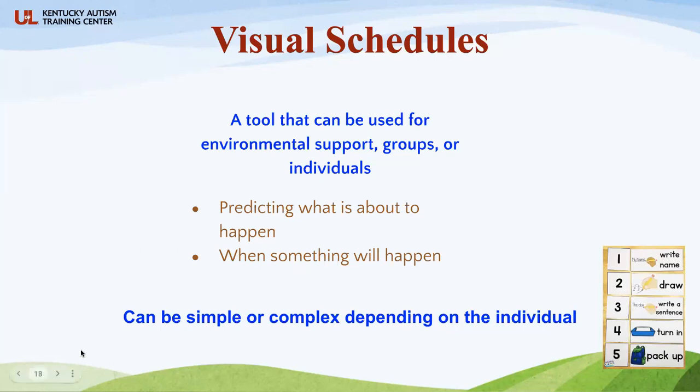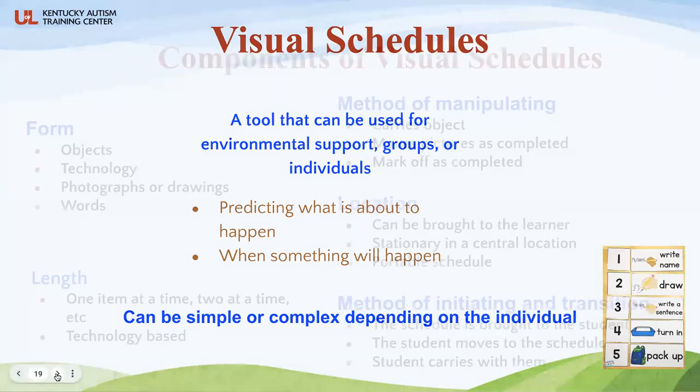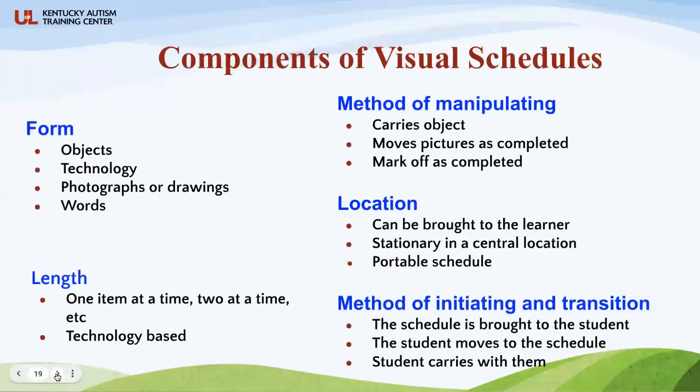So as you can see, it can be complex or simple depending on the student, and it can be as simple as writing it down on a piece of paper or creating something on a computer. Because there are so many different variations, there are some important components of visual schedules.